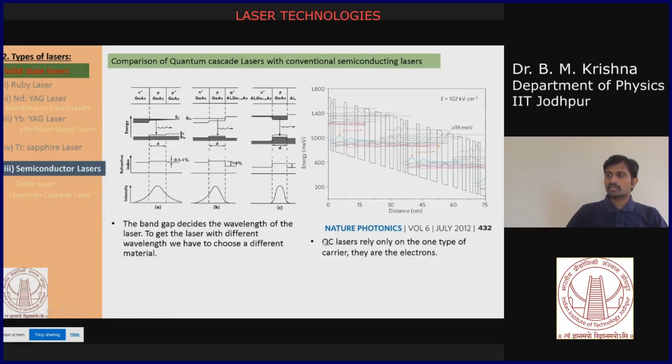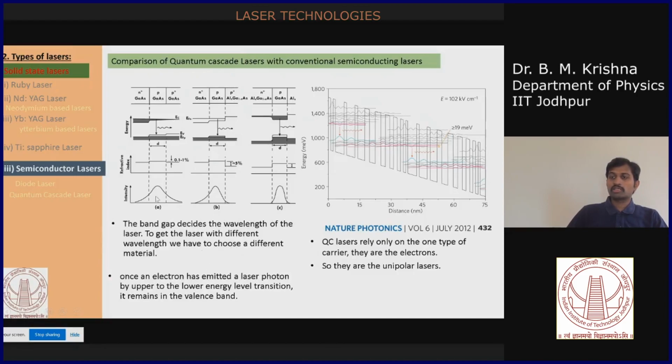Quantum cascade lasers mainly rely on one type of carrier, that is electrons. Here I am showing both the conduction band and the valence band, but we are mainly interested in the conduction band levels because the transitions are subband transitions within the conduction band. These electrons mainly participate in the lasing action. That's why we call these unipolar lasers.